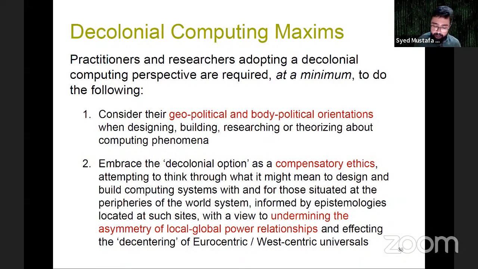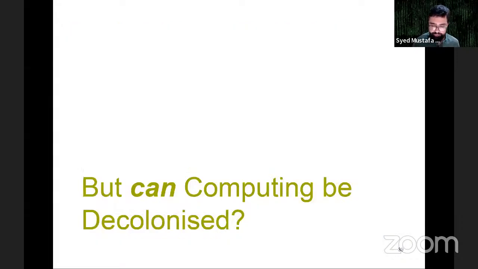And secondly, embrace the decolonial option as a political-ethical stance, attempting to think through what it might mean to design, build, and govern computing and IT systems with and for those situated at the peripheries of the world system, informed by the ways of thinking and knowing, that is the epistemologies, located at such sites, with a view to undermining the asymmetry of local-global power relationships.